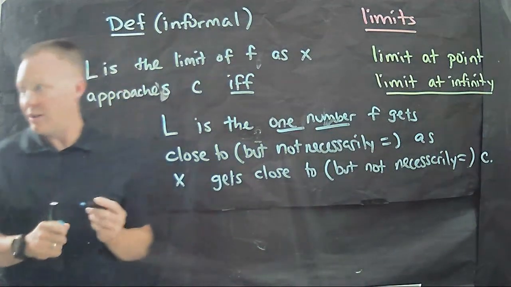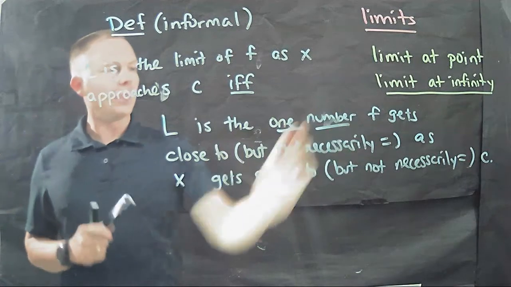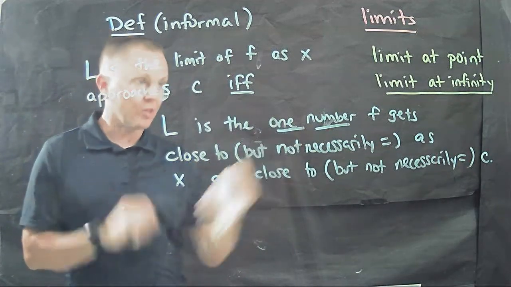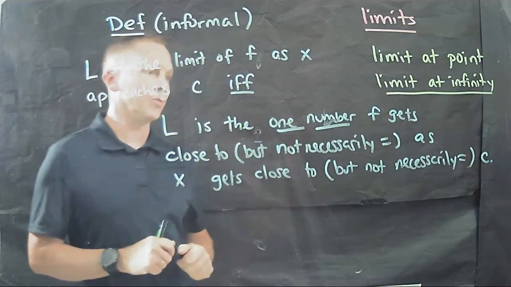Okay, so this is our informal definition of limit. L is the one number f gets close to, but not necessarily equal to, as x gets close to, but not necessarily equal to c.